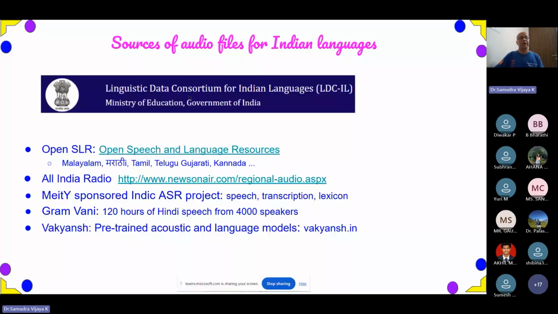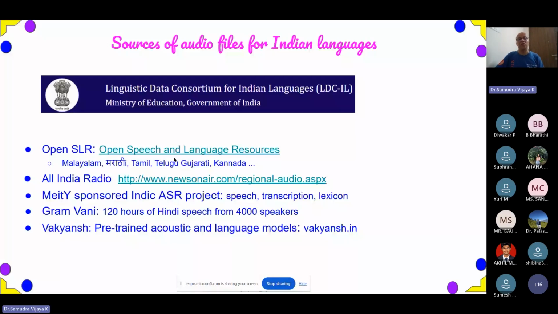And there are sources where speech data can be downloaded freely without paying any money. This is called open speech and language resources. For these languages, there are hundreds of hours of data that you can download. Not only speech data, but also the transcription, what was spoken in that particular wave file, is also there.